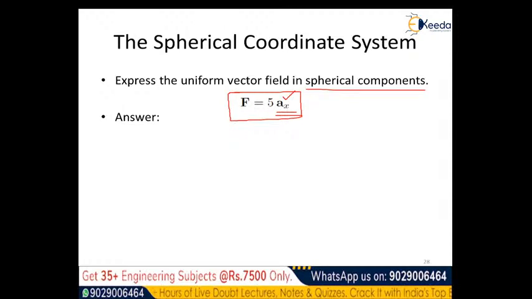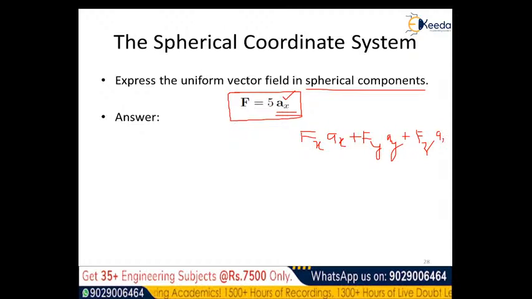Capital F in the rectangular coordinate system has components: capital F suffix x into small a x, the unit vector, added to capital F suffix y multiplied by a y, added to capital F suffix z into the unit vector a z. In the given expression, the F y component is 0 and the F z component is also 0. We have only the F x component.